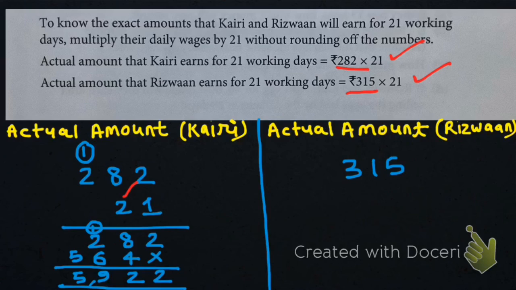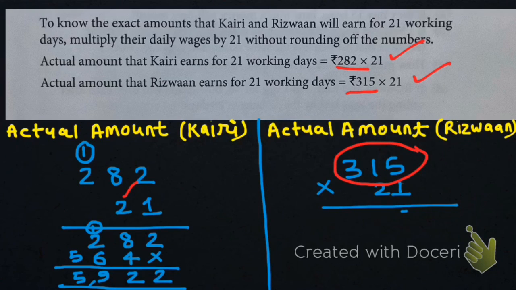So to multiply it by 21, we'll just write 21 below this number, start from ones place. First we'll multiply this number, 315 by 1.